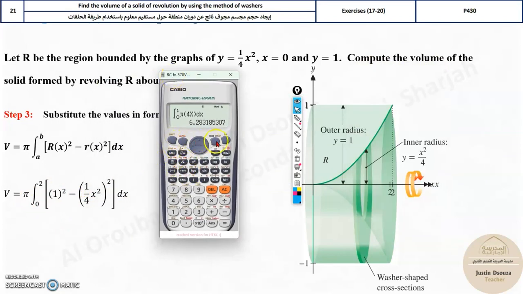Shift, pi, into 1 squared minus, it's one quarter, only one variable, alpha x, the whole square. Sorry, I've missed the x squared over here. Now the limit is 0 to 2. I have done something wrong.